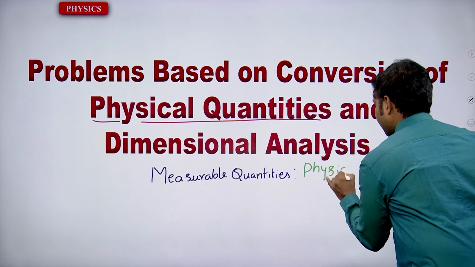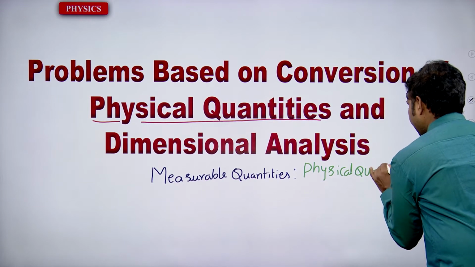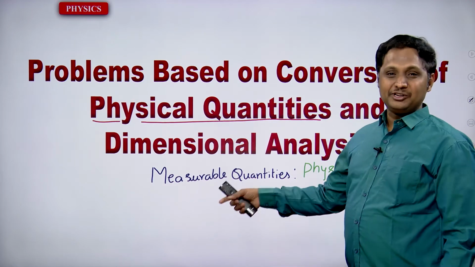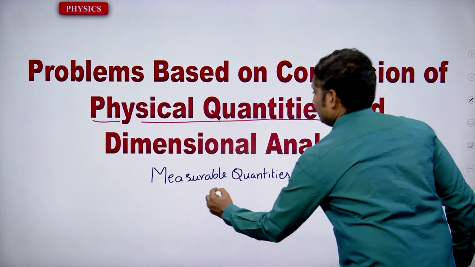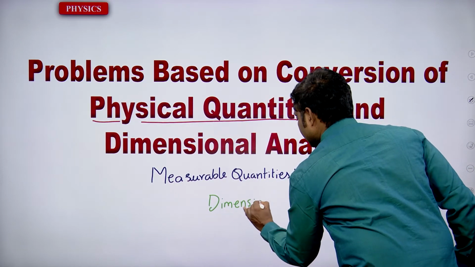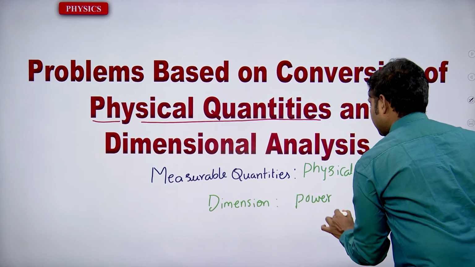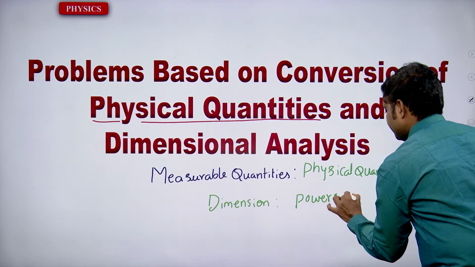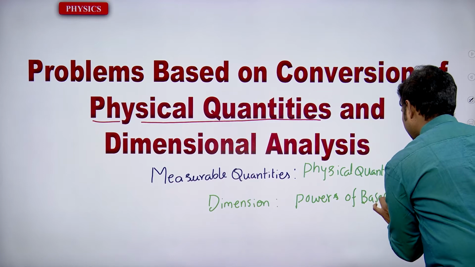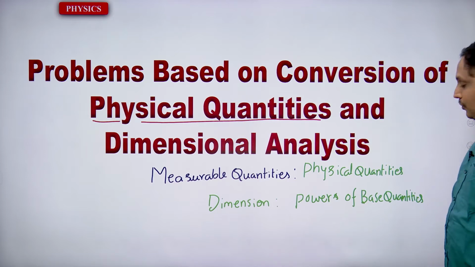It's very easy for you to get the dimension analysis also. So for dimensions, you have to take the powers of the base quantities. It's very clear. We would like to go for this one.